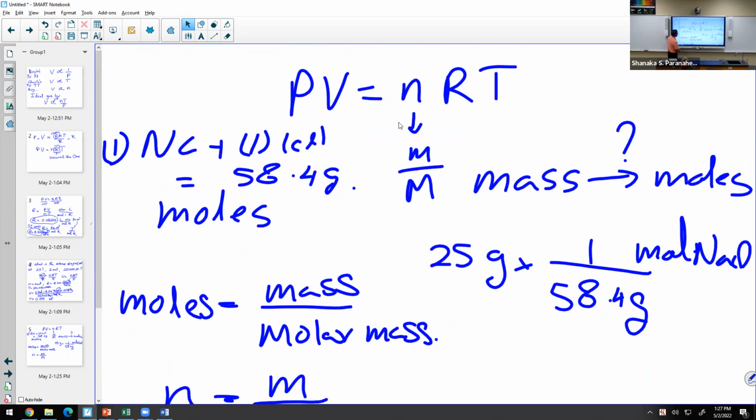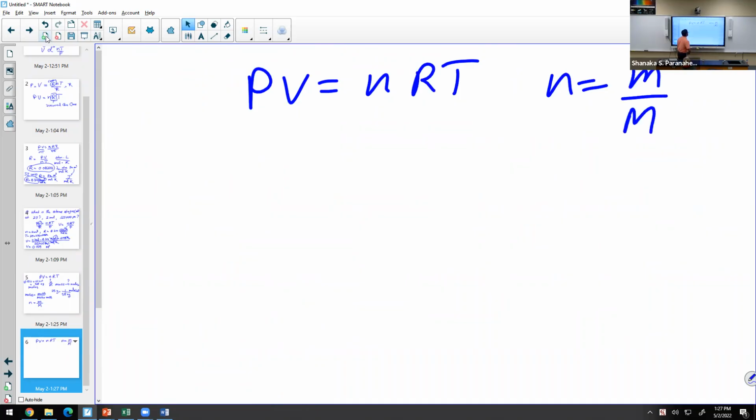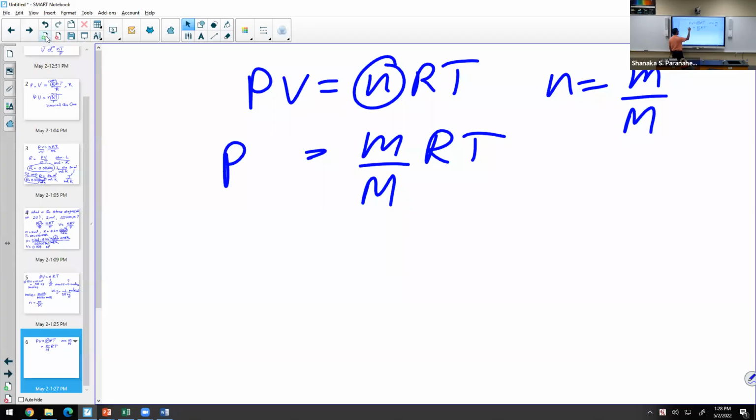Let me rewrite this again. PV equals nRT. n is equal to mass divided by molar mass. Now I'm going to substitute this n using those two, mass divided by molar mass, in the same equation.